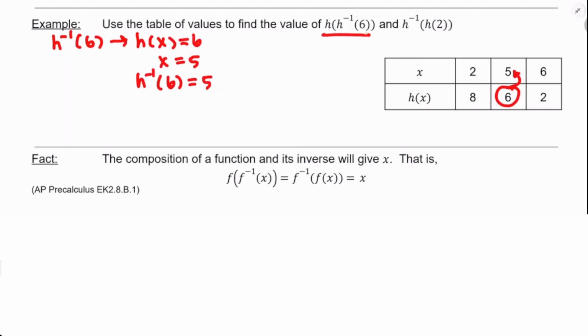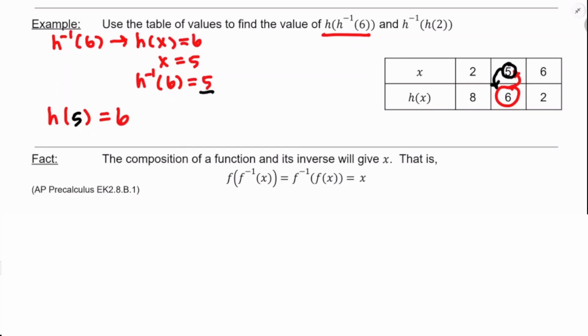And over here, if I want h of h inverse of 6, what I'm doing is taking h of 5. I'm going to find h of 5, and 5 takes me back to 6. So that's going to equal 6.